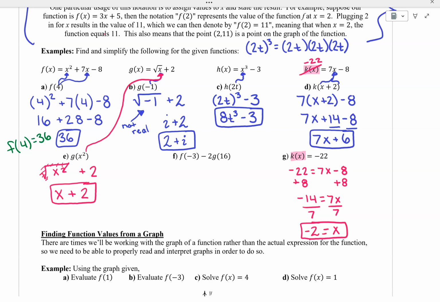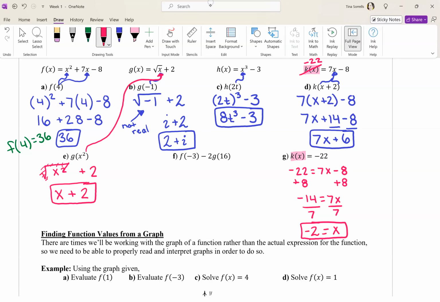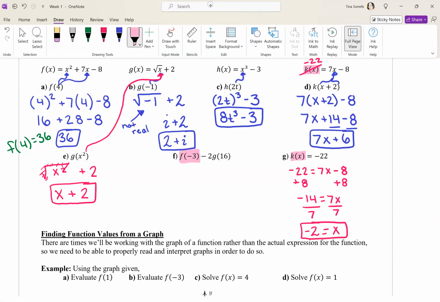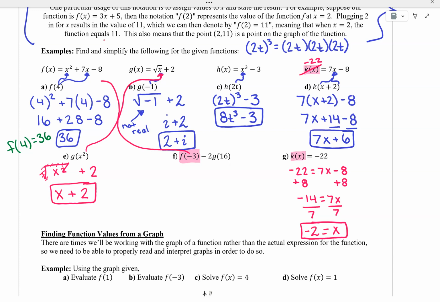Okay, let's go back and do F. The reason why I wanted to skip this one is because we're going to have to look at two separate functions. So I'm actually going to highlight this right here because that's the part of the problem that I'm going to do in pink. Okay, so this is telling me to take that -3 and plug it in here and in here.